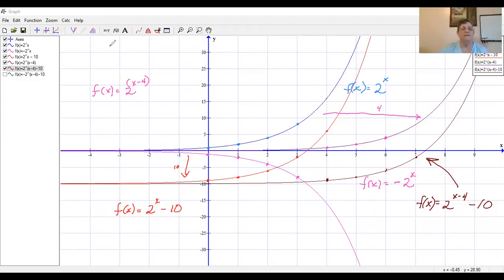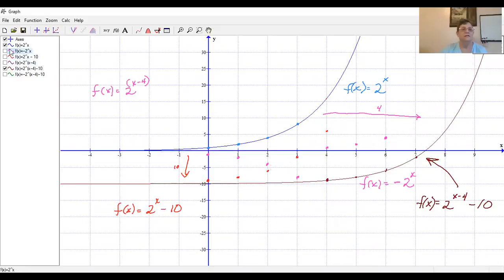And finally, let's clear some of these out. Finally, what if we took the graph of f of x equals 2 to the x minus 4, minus 10 and put a negative in front of the 2?